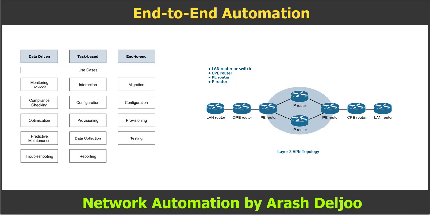This figure shows the topology used in the following example. In this topology, to configure a new layer 3 VPN service, several components must be touched: LAN router or switch, CPE router, PE router, and also P routers.